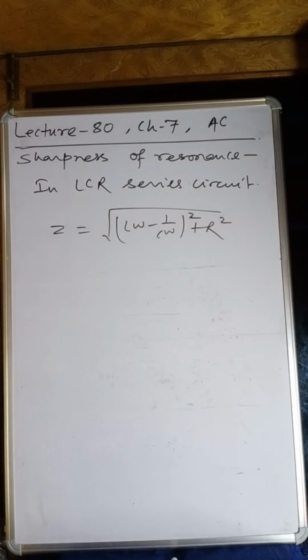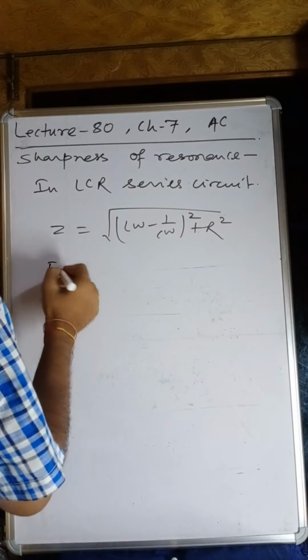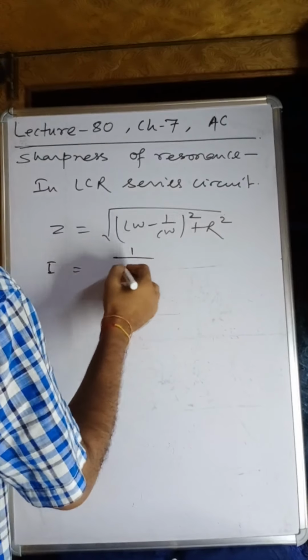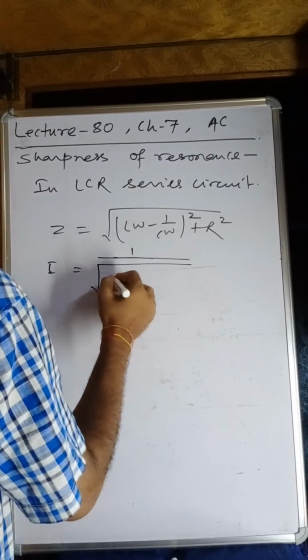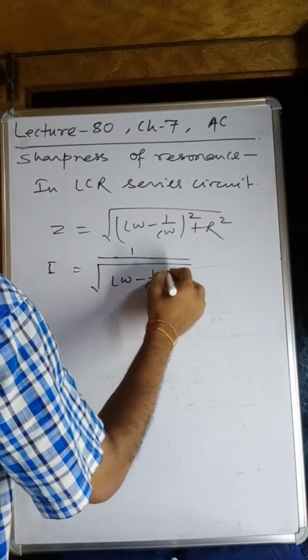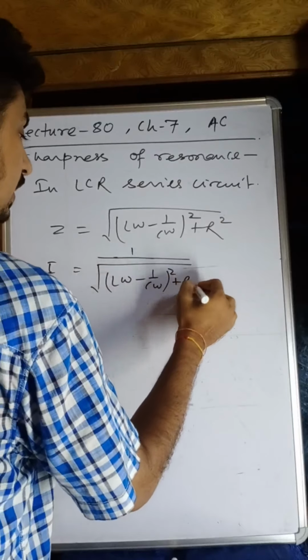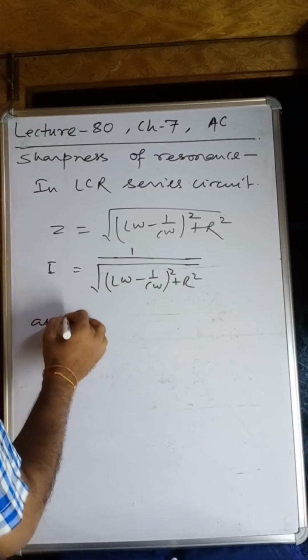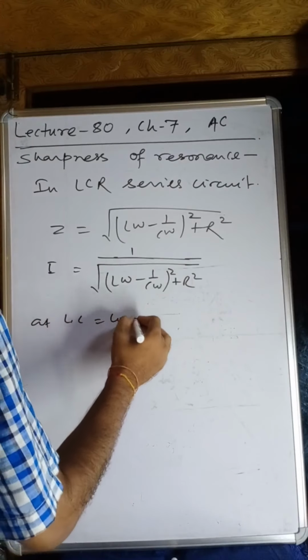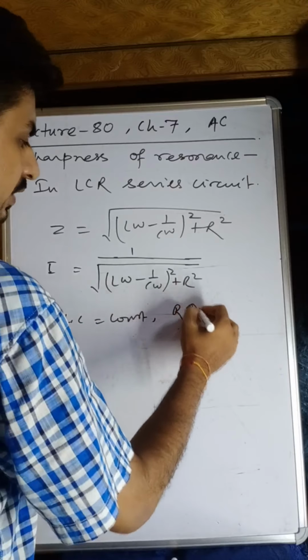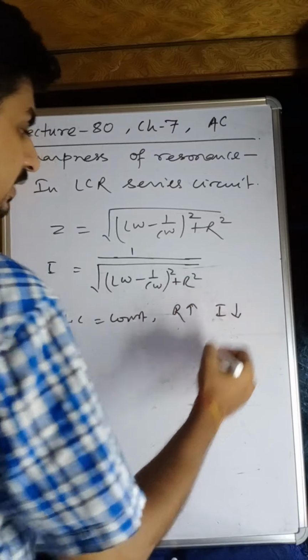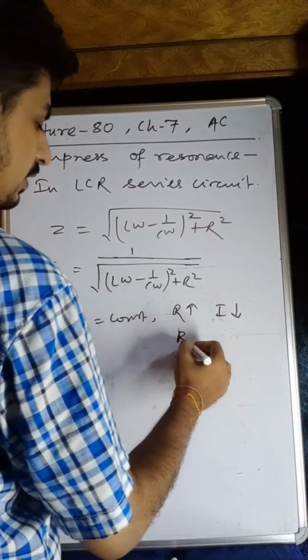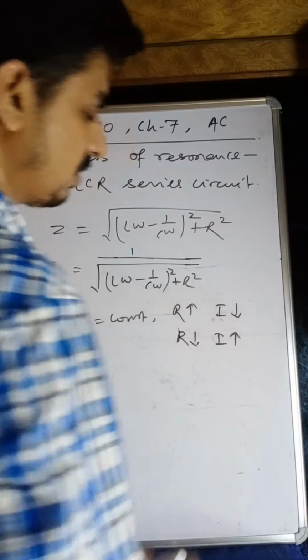And what we studied in the last lecture, the current we can write as I equals 1 by this entire value. Of course, if L and C are constant, if R increases, current will decrease. If R decreases, current will increase, no doubt.